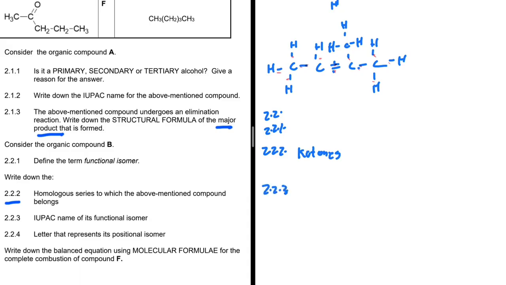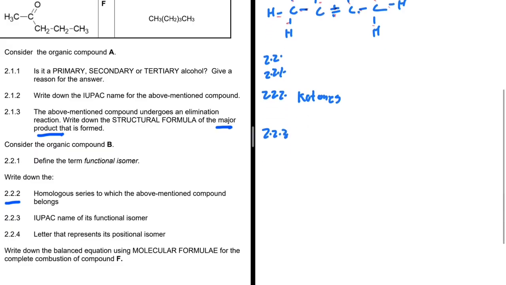Okay, that is 2.2.2. Let's do 2.2.3. IUPAC name of its functional isomer. The functional isomer of ketones is aldehydes. An aldehyde looks very similar to a ketone, but the only difference is that the double bond oxygen is at the end.